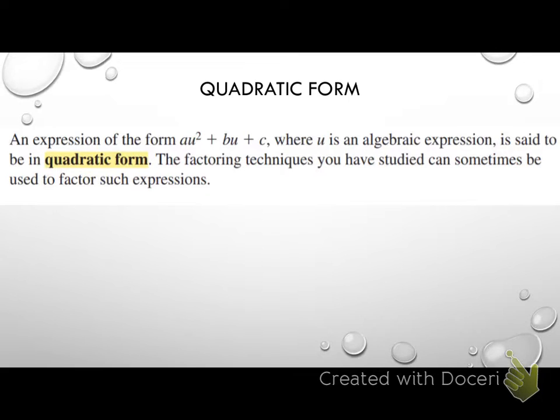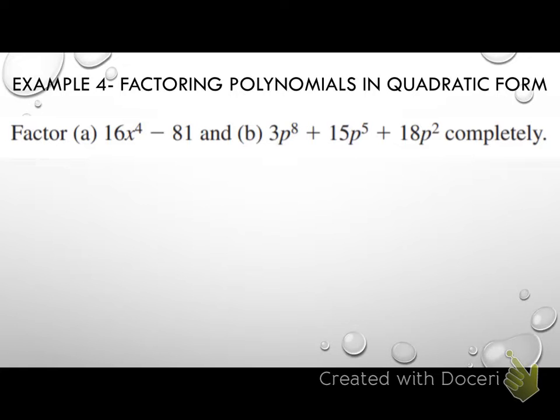All right, so let's jump into some examples. So factor 16x to the 4th minus 81. That's letter A. Does anyone have any ideas of what I might need to do? Or where I could start?